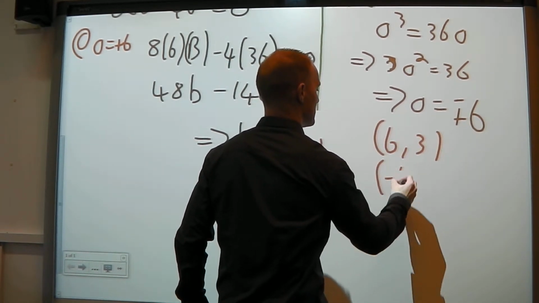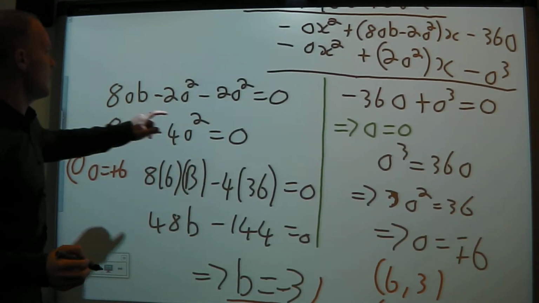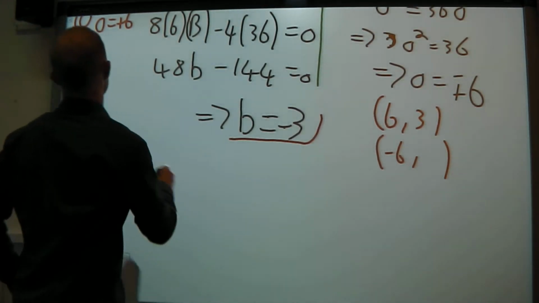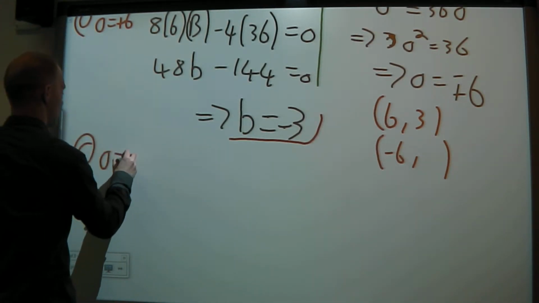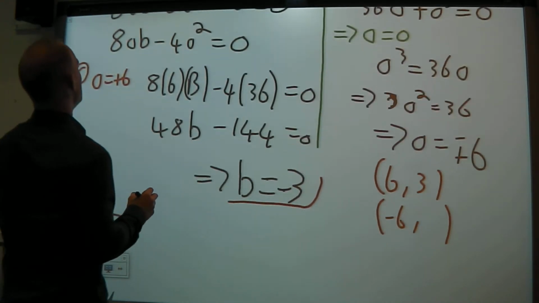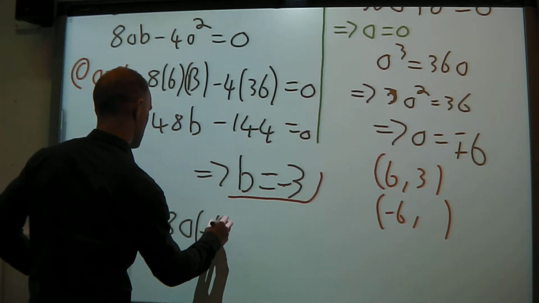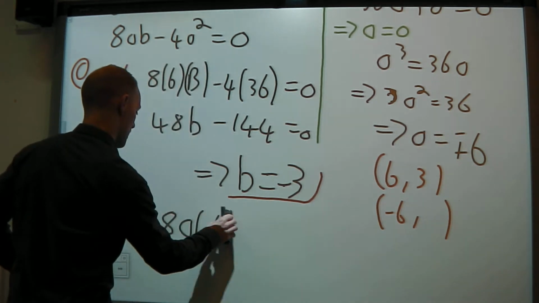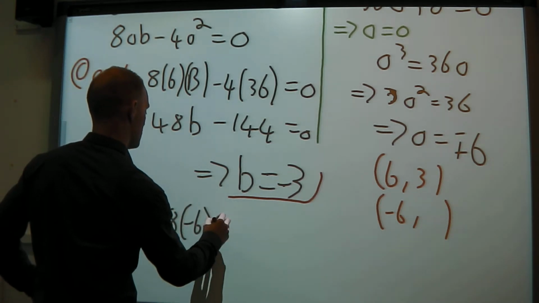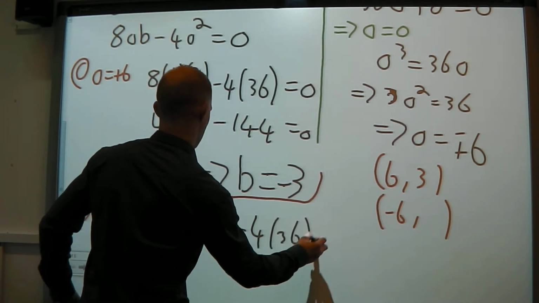And now we're going to try negative 6 comma whatever. Actually, we'll try 0 next. So we show that a is equal to 0, and that doesn't give us anything for b. So we'll try negative 6 here. At a equal to negative 6, we have 8 times negative 6 times b, minus 4 times 36, is equal to 0.